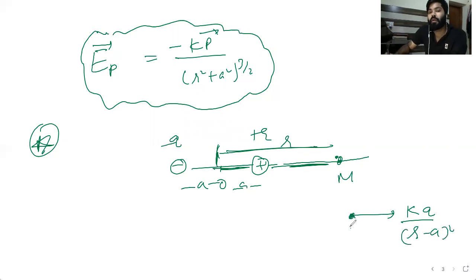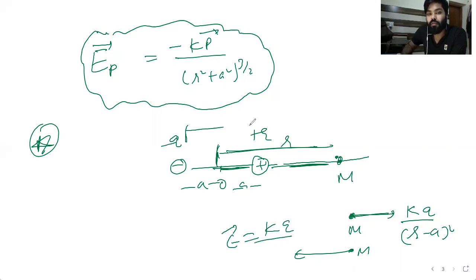This is the electric field by plus Q in the rightward direction, and the electric field by minus Q at M will be in the leftward direction. So the value of this will be k times q over r plus a whole square.